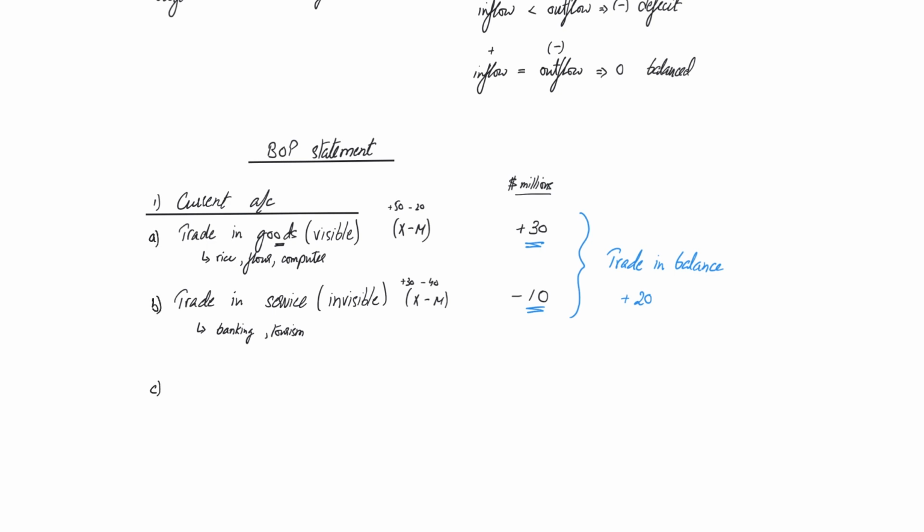The third one is net incomes. That's the heading for it. Net incomes is talking about any sort of incomes that have been generated.